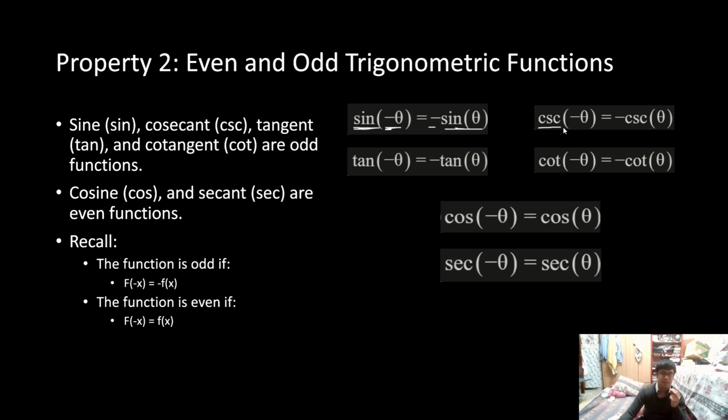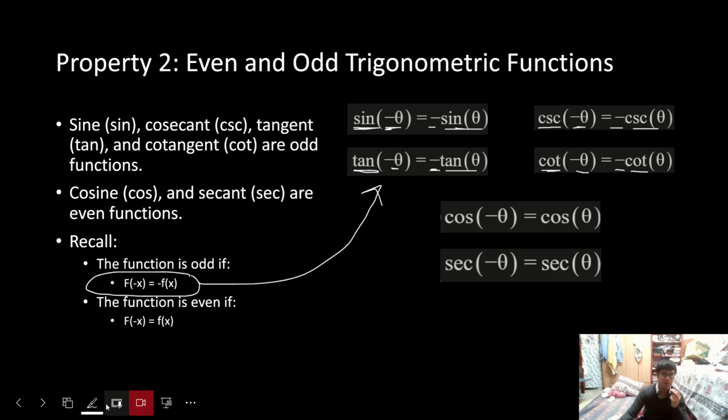For cosecant, if you have a negative input, you will have negative outside, then cosecant theta. The same implication here as well. Tangent of negative, we will have negative outside, then tangent theta. And lastly, cotangent of negative is equal to negative cotangent. So this is in fact odd for these four.